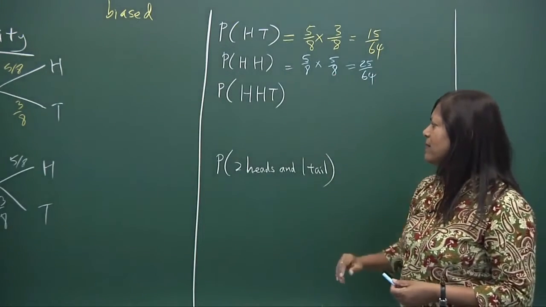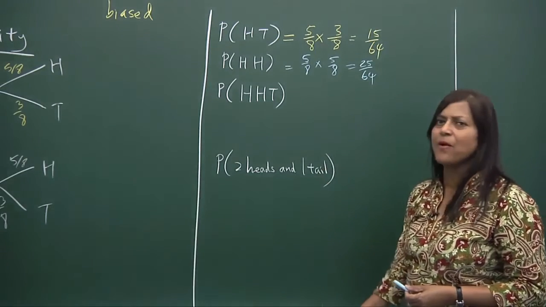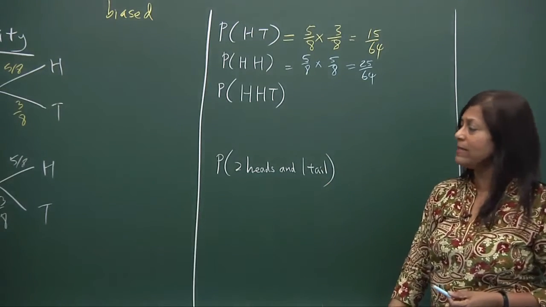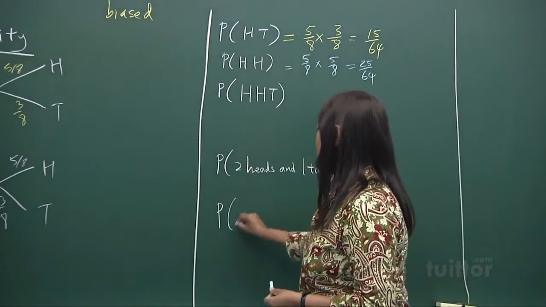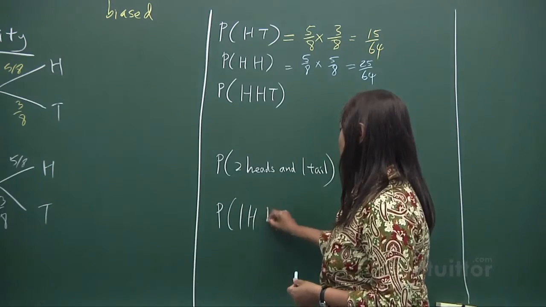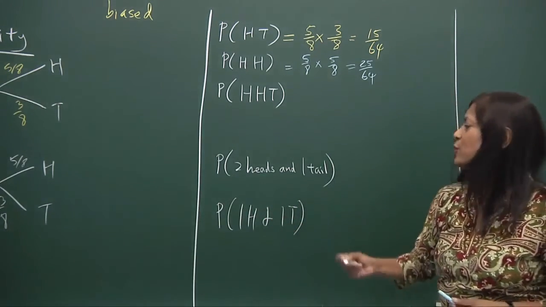Now, I'm not going to look at this. This is third level. But I'm going to ask you what happens if I want 1 head and 1 tail. Alright, let's move to that first. The probability of 1 head and 1 tail in 2 outcomes. Alright, 2 times that you throw.